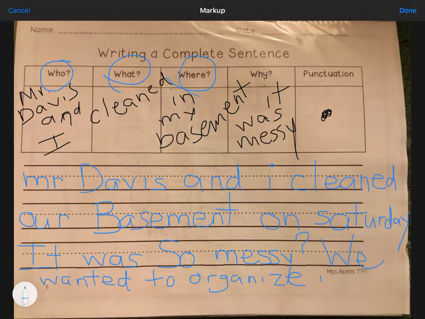Organize it. I could add one more detail. So we got the why, one more detail, just to kind of tell my reader I am done, but I also want to share another detail for you. We wanted to organize it.